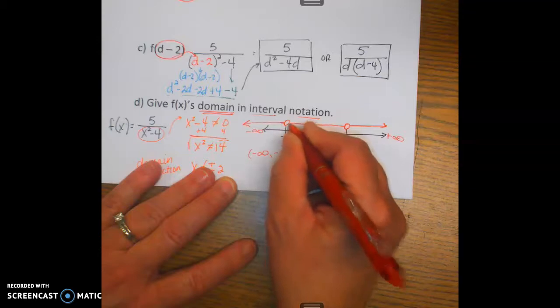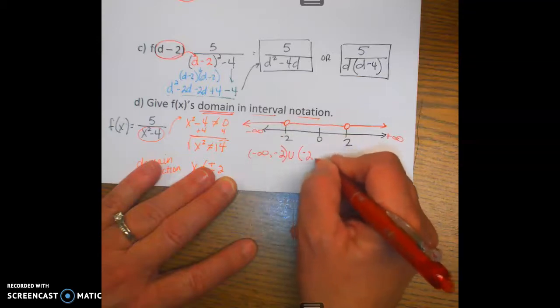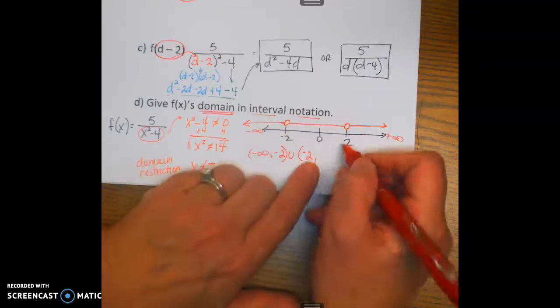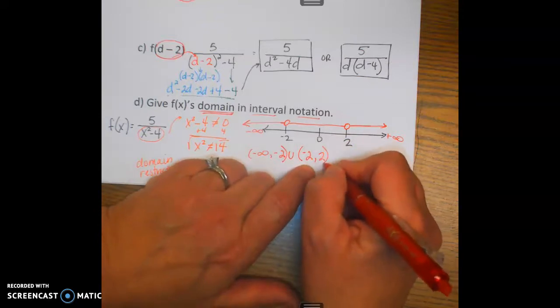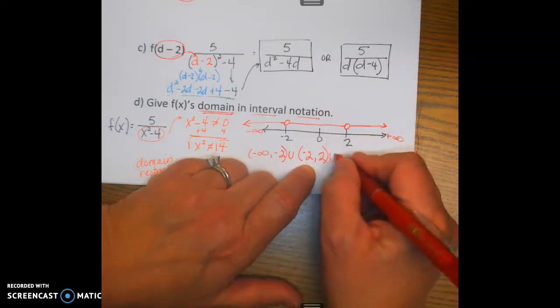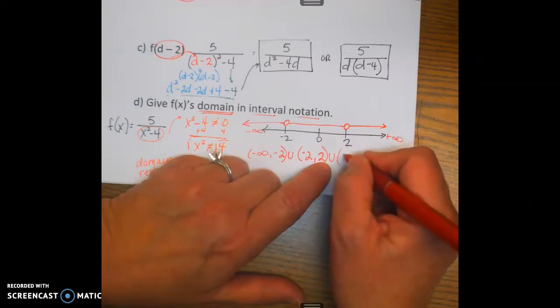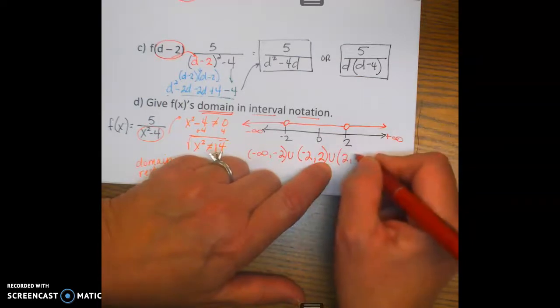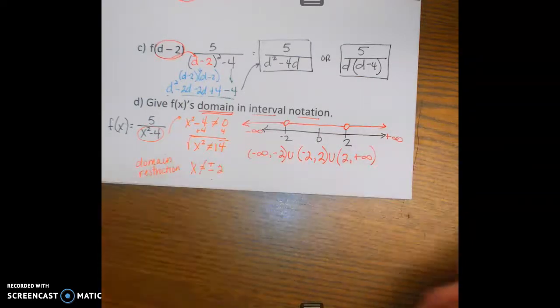And then I start at negative 2, not including it, and I have values that go all the way to positive 2, but I'm not including it because it's an open circle. And then I pick up again at positive 2, not including it, and then I have values all the way out to infinity. It looks a little long, but that would be the interval notation for the domain for that given function.